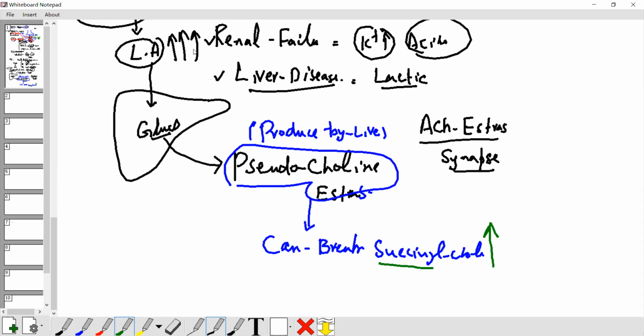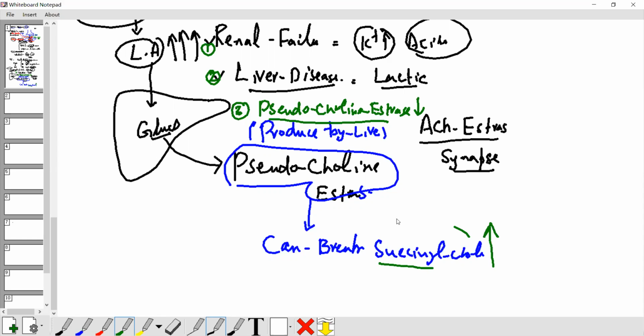Another patient group, number three: the contraindication is a patient with deficiency of pseudocholine esterase enzyme. The patient has a genetic deficiency of pseudocholine esterase.